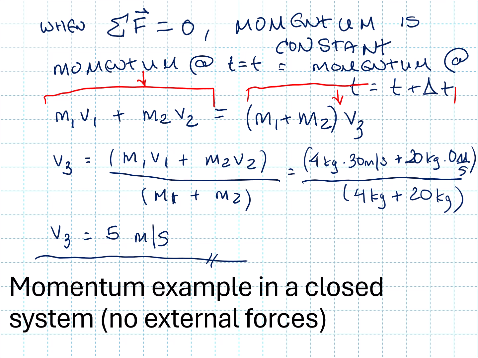I'm able to derive this because I know that the rate of change of momentum has to be 0 when the sum of external forces is 0. Therefore, I know that momentum has to be conserved from time t to t plus delta t.